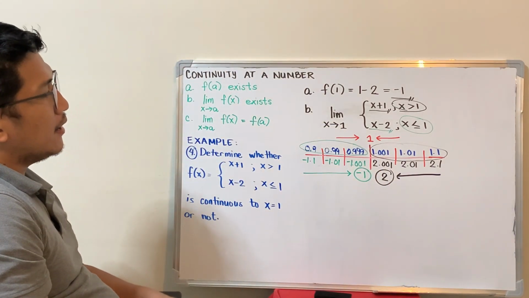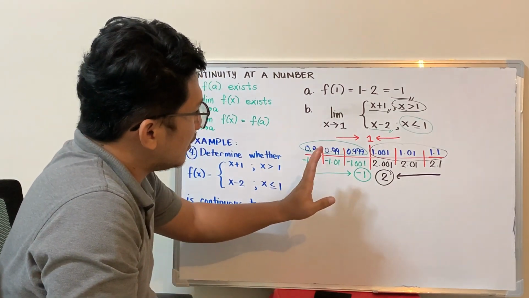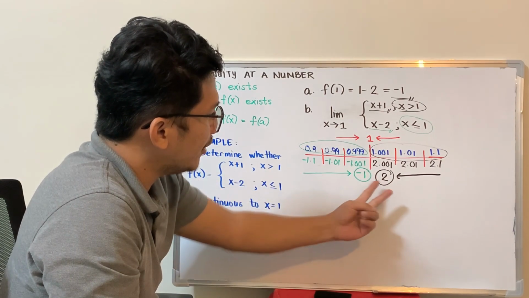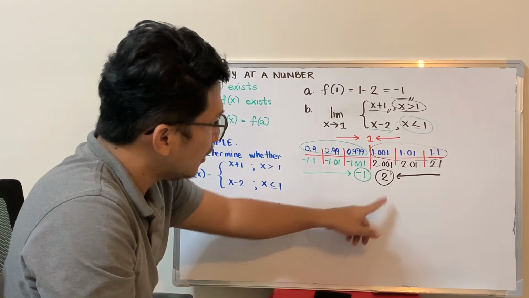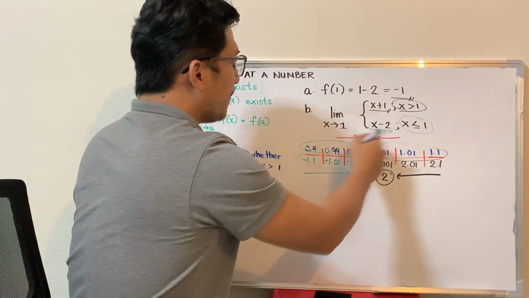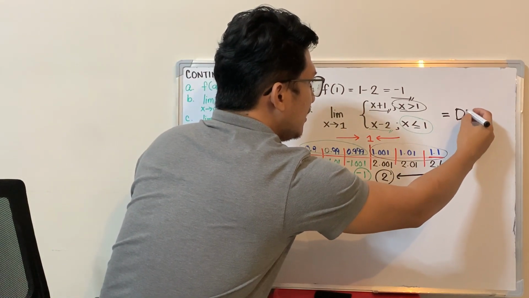So applying the limits concept, the limit from the left and the limit from the right are not equal. They are not equal. Negative 1 on one side, positive 2 on the other. So meaning, the limit of this piecewise function as x approaches 1 does not exist.